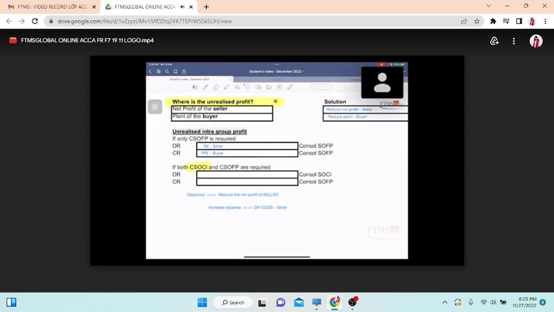Okay, so the objective is the net profit for the seller. So what you need to do, of course, is reduce other income. In the first place, it is hiding in other income, so reduce the other income of the seller. Therefore, I will need to debit.